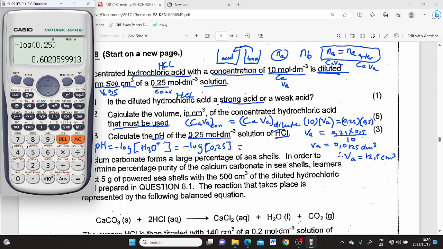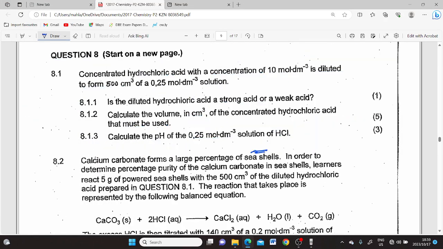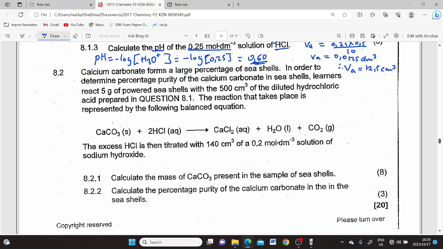Now we have 0.60. That will be the pH of HCl. 0.60, so it's very strong or very acidic because the pH is even less than 1. Right, long question.